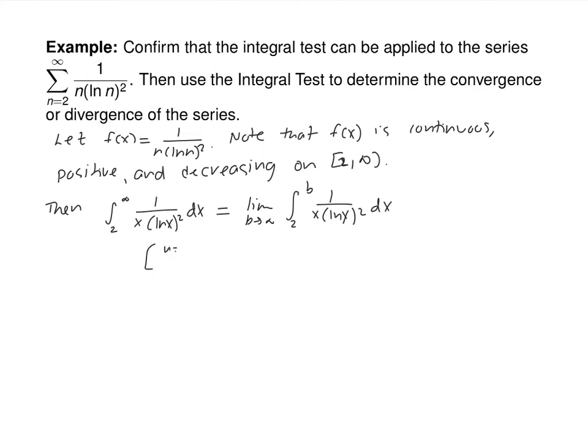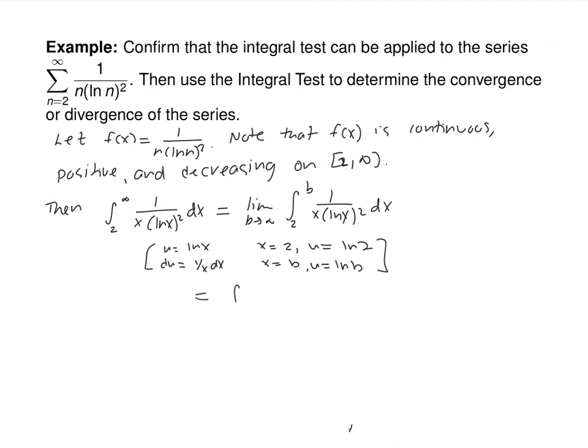We're going to let u equal ln of x. du is 1 over x dx. So if x equals 2, then u will equal ln of 2. And if x equals b, u equals ln of b.